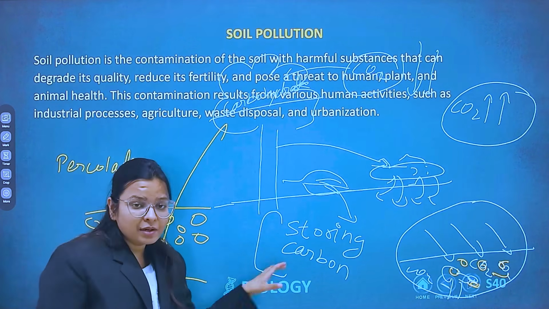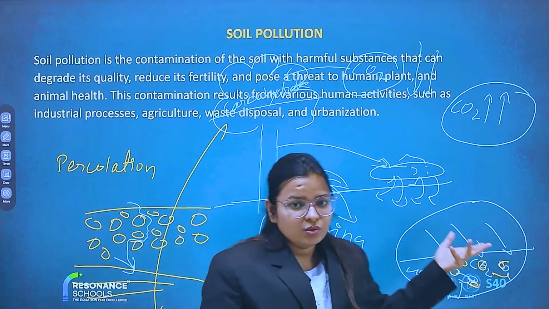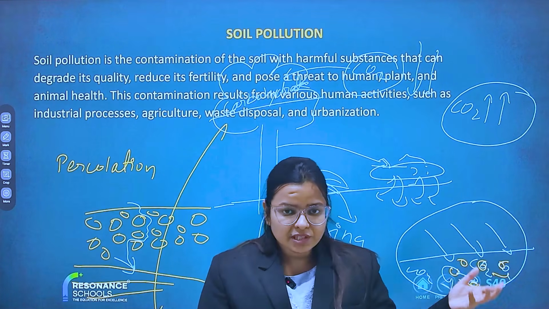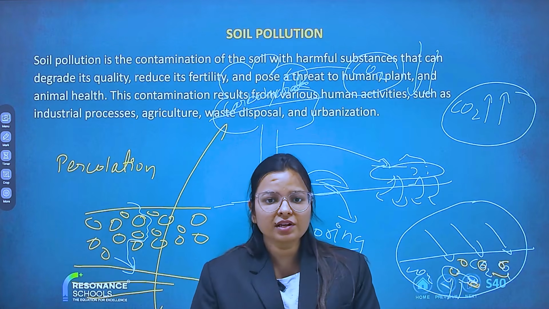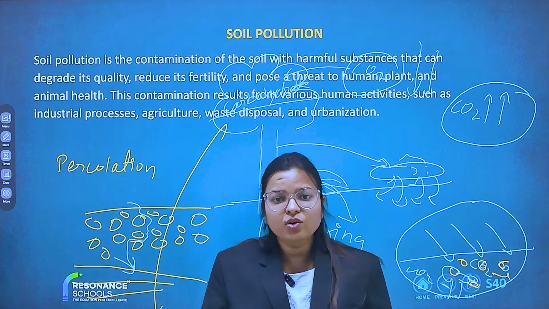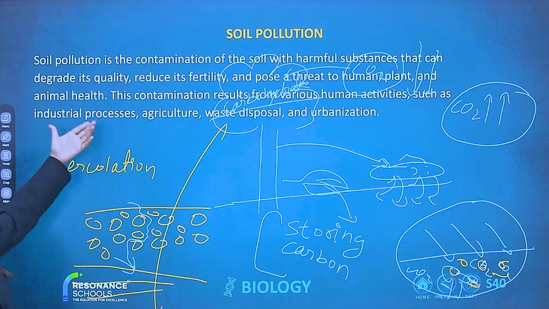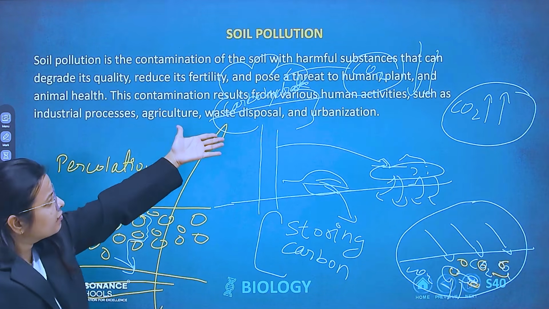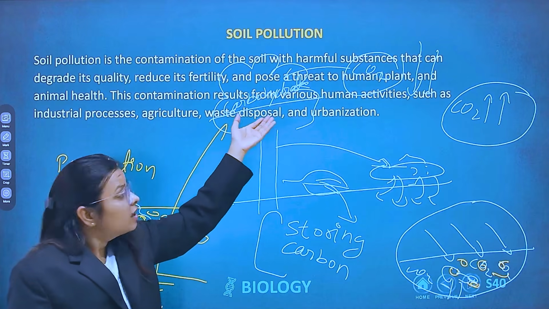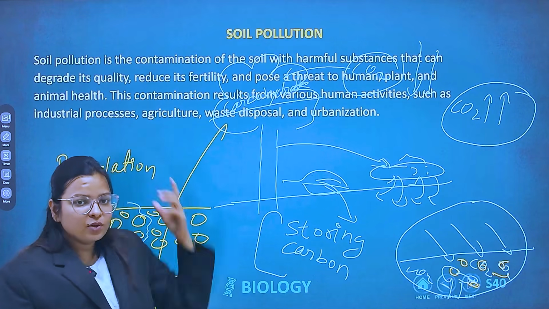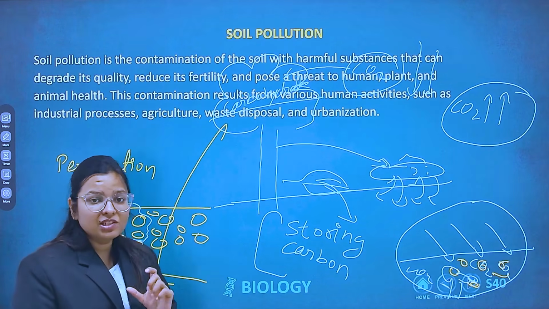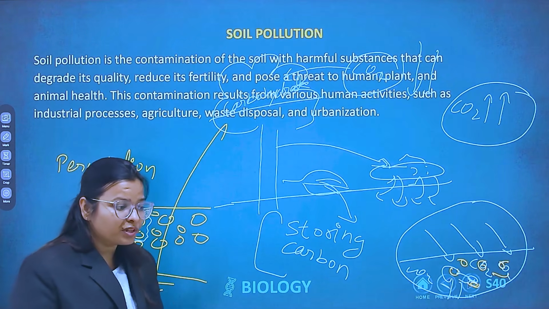So what is happening? We are making a concrete jungle, a concrete forest, you can say. Whatever forest we have, we are removing, cutting trees and making concrete jungles. So this is how we are polluting our soil. So this is called industrial processes, agriculture, waste disposal. There are so many kinds of waste. I cannot describe each and every kind of waste. House waste.